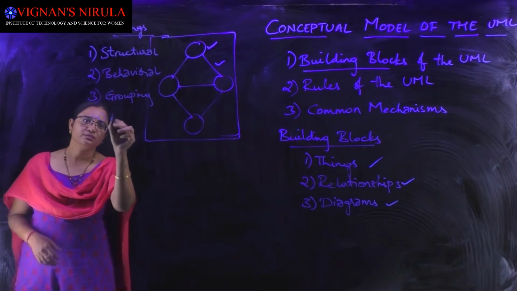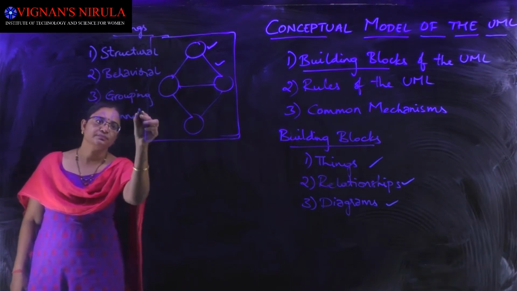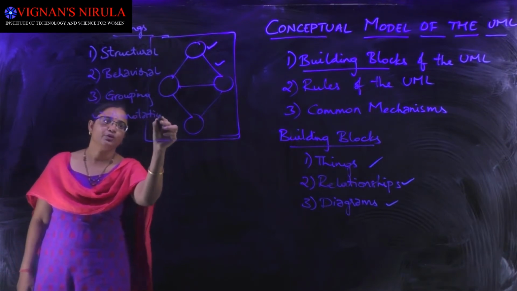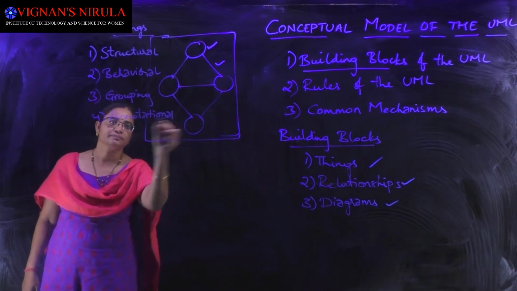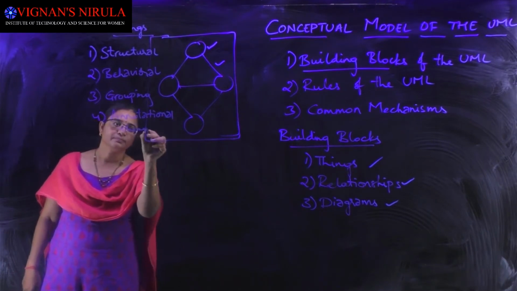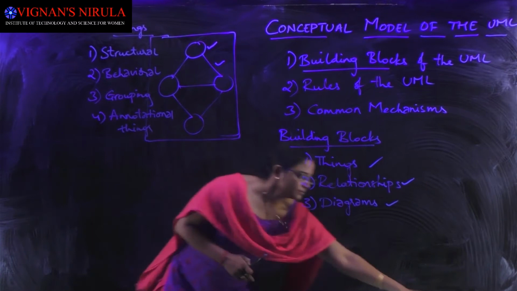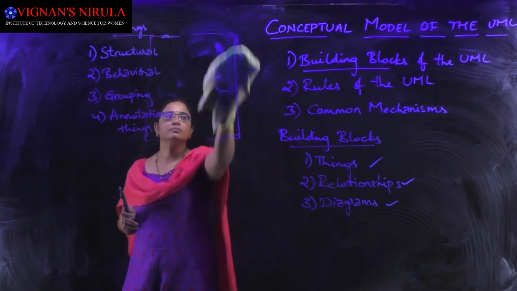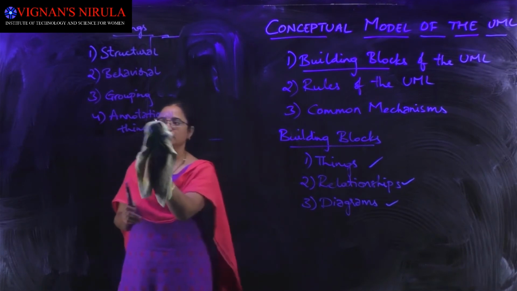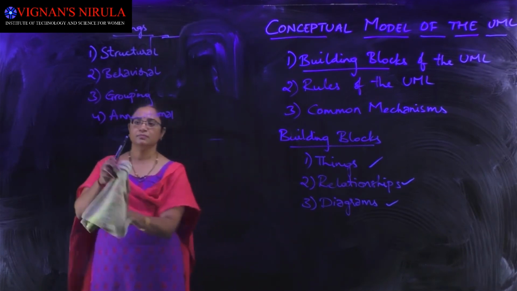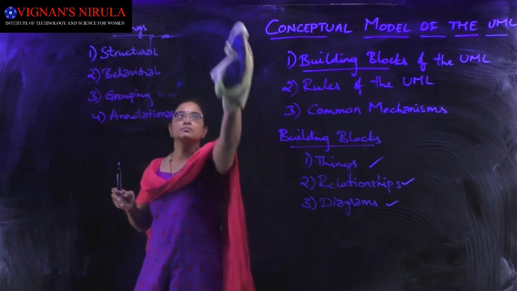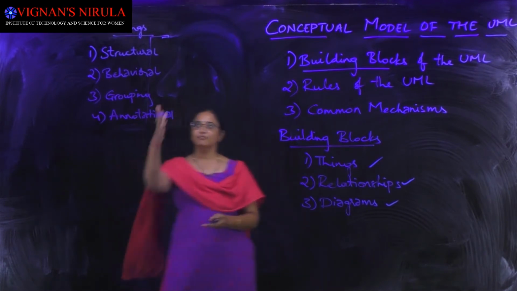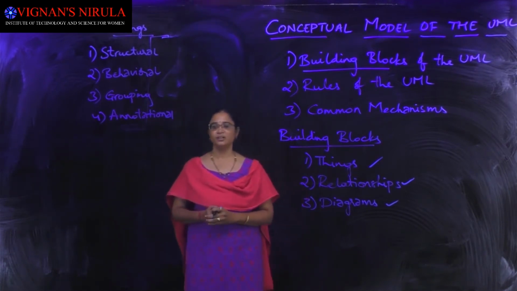And fourth one is annotational things. So these are the four things which we are going to study here in the UML.